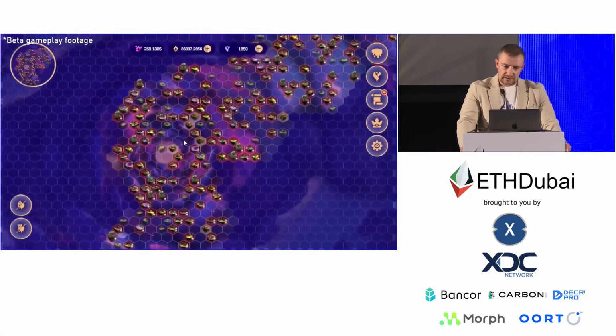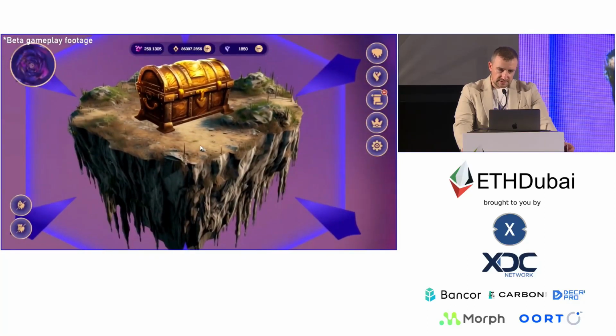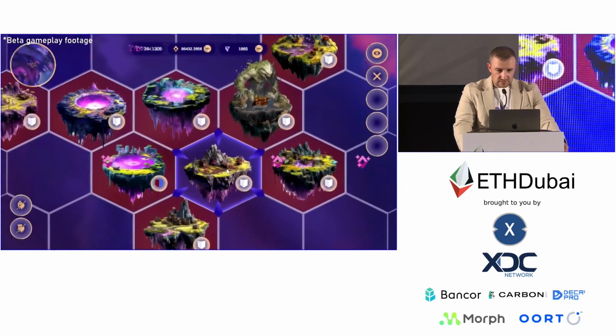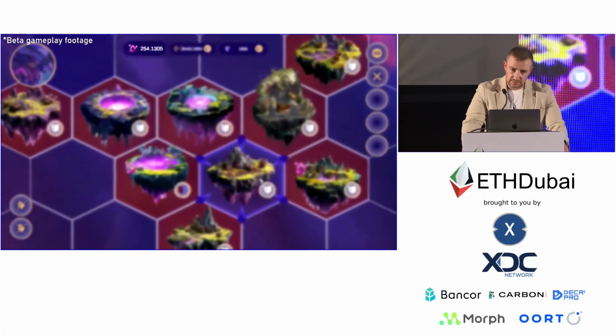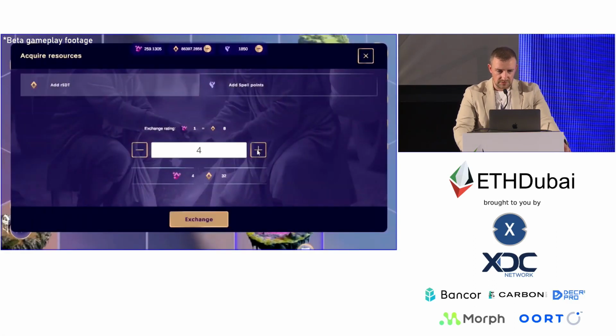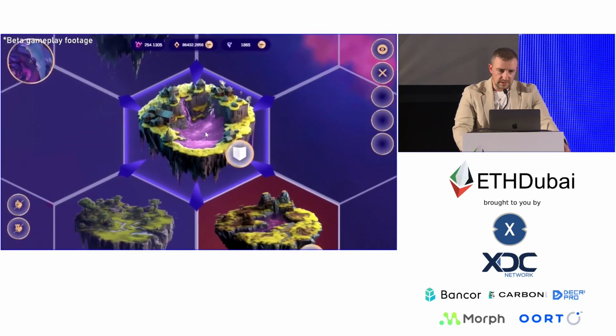Since there is limited space and plenty of opponents, you need to make strategic decisions to be the best and win. In Skynity, there is a main resource called Skydust, but there are also other resources, like raw Skydust or spell points, which can be utilized for various actions. You can easily exchange resources in game.